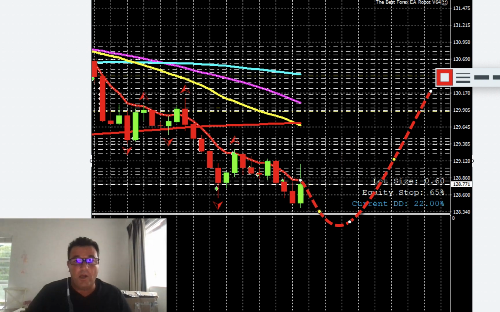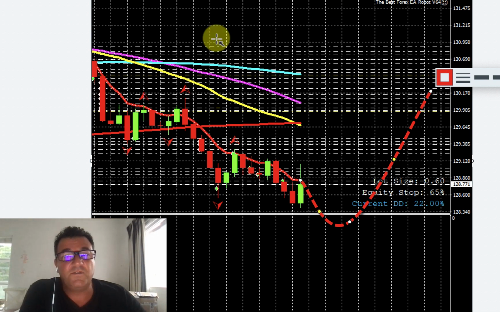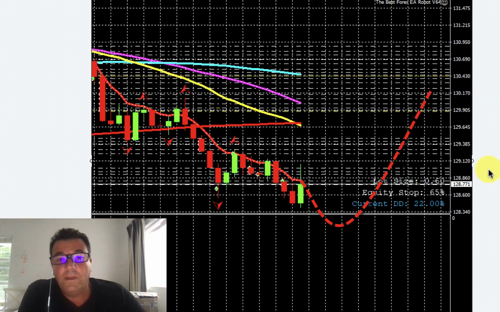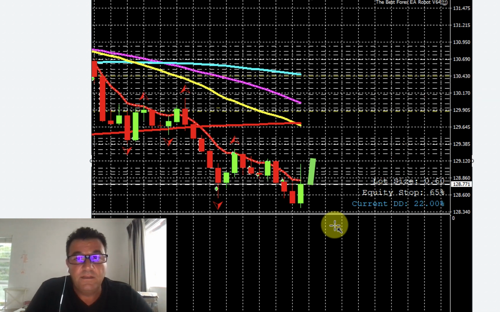Right. So how I know that the price is reversed is as follows. We're going to get some candles, and that candle closes, and a new candle opens there. I'm going to move this. I'll just delete that for now.